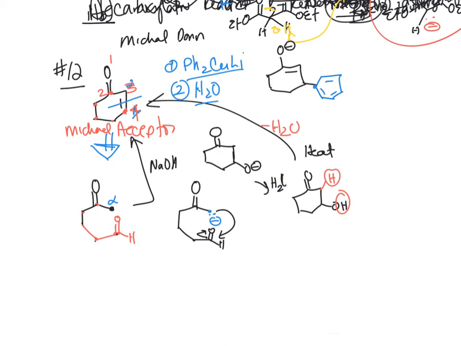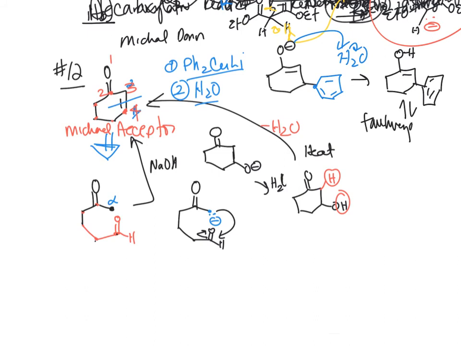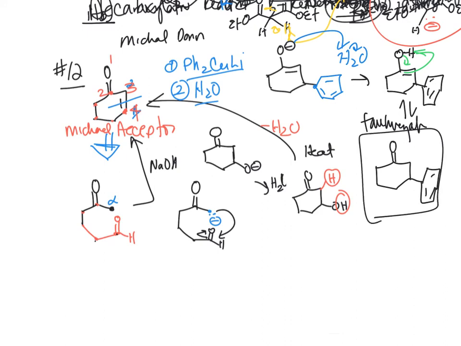There's your phenyl, and then the water. This picks up the water, and then you can do tautomerization. And you see that that gives you the phenyl adding to the number 4 carbon to give you the product.